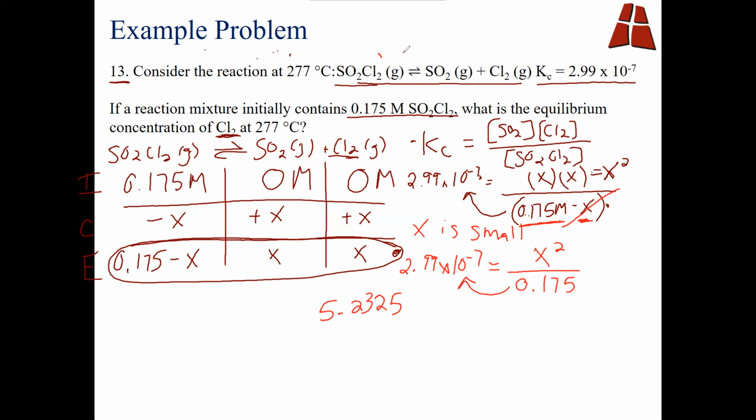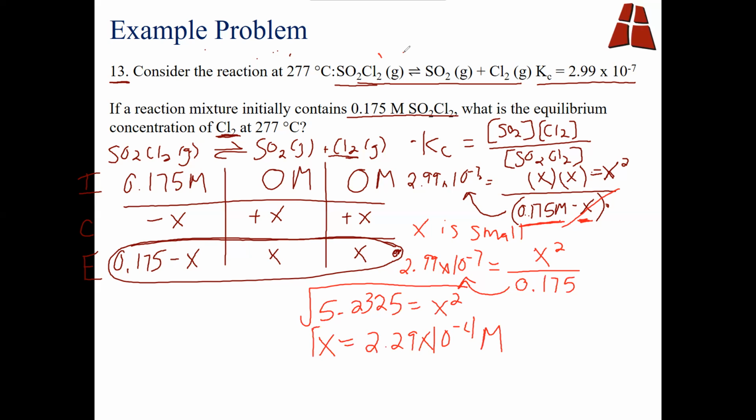This is, of course, not with significant digits, but I'm just carrying a few extras through for rounding purposes. That will be equal to x squared. We then take the square root of each side. Then we should get that x is equal to 2.29 times 10 to the minus fourth molar.